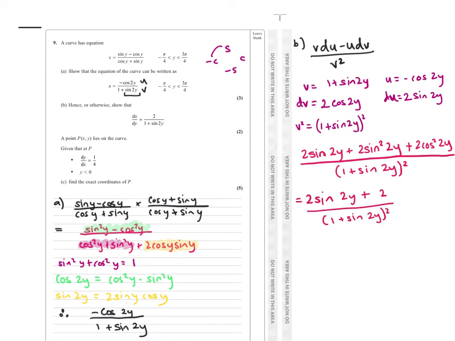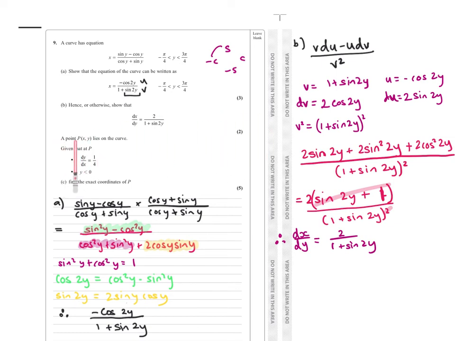If I factorise a 2 here, this now turns into a 1, and you can see that I can cancel this with the squared. So dx by dy equals, always put therefore, 2 over 1 plus sine of 2y. I can't believe that was 2 marks. That felt like a lot of work. 2 marks.